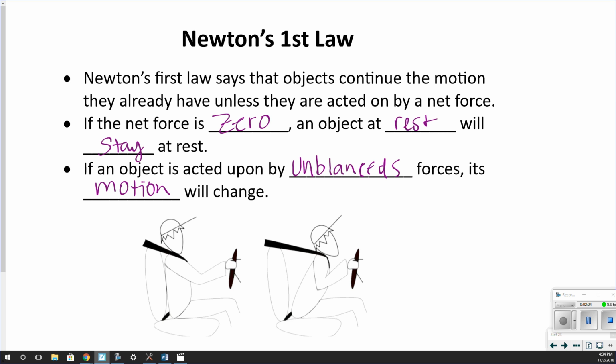For example, in this first picture, this guy is just chilling and driving his car. So the forces acting upon him, his seatbelt keeping him in place and the forward motion of the car, are balanced there. He's not moving.